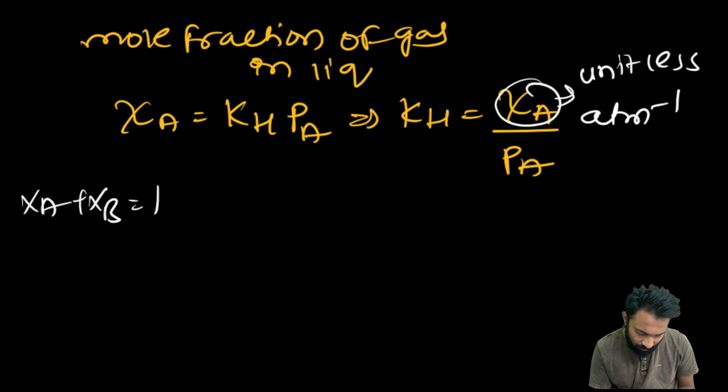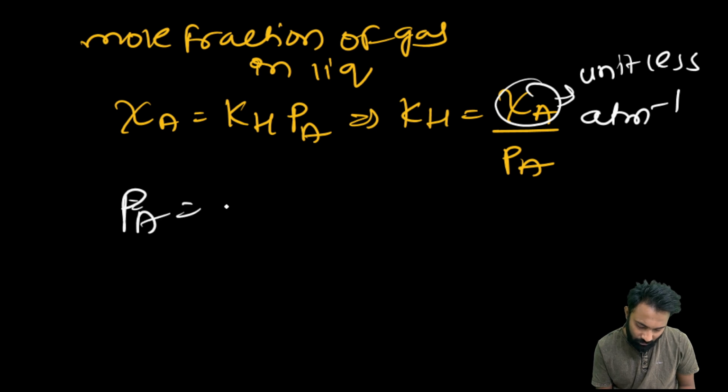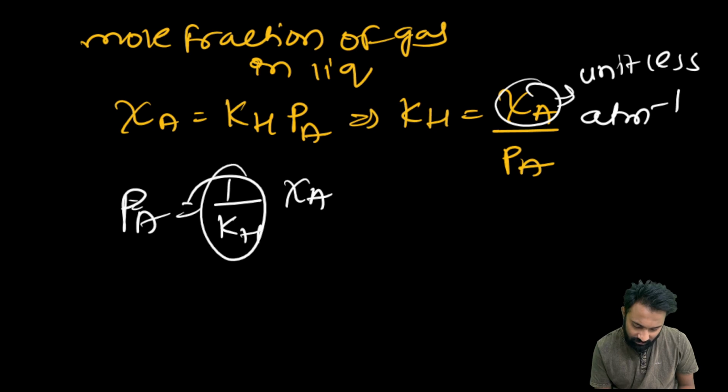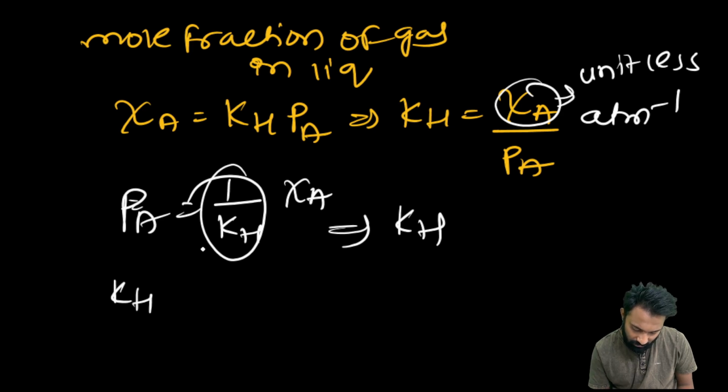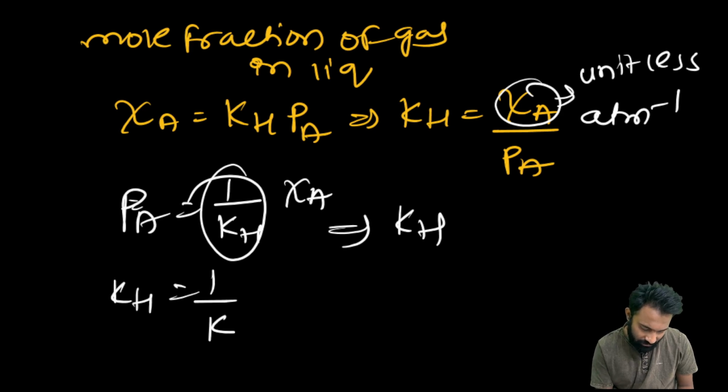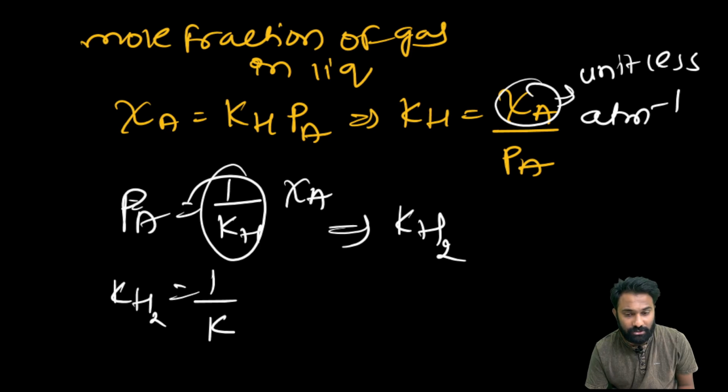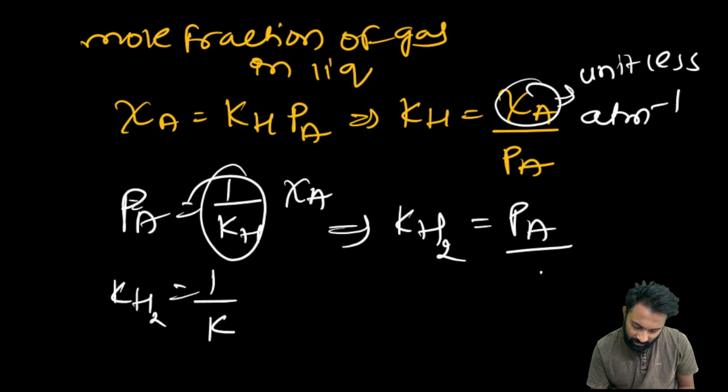And there is another formula also. Pa is equal to 1 by kh times chi A. Here they have taken this as the Henry's constant, so the formula will be with kh equal to 1 by k, or you can call it kh2 if you are getting confused. Now the kh2 Henry's constant unit is the pressure of A over chi A, right?